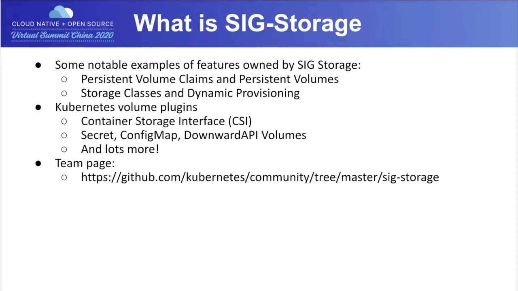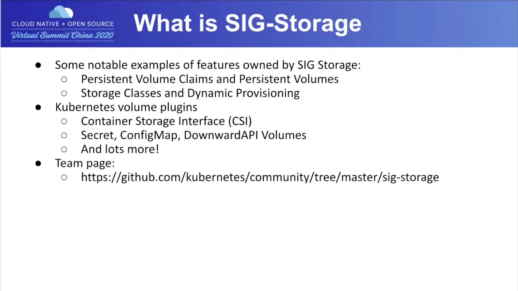Kubernetes volume plugins include in-tree plugins, out-of-tree FlexVolume, and CSI drivers. The Kubernetes implementation of the Container Storage Interface, CSI, has been GA since the Kubernetes 1.13 release. SIG Storage has been working on migrating from in-tree plugins to out-of-tree CSI drivers. New features are only added to the CSI drivers.